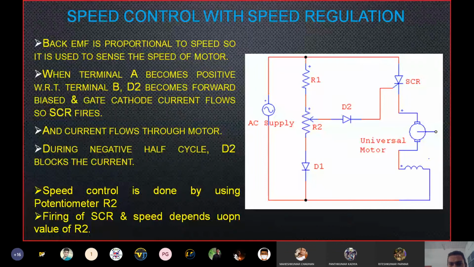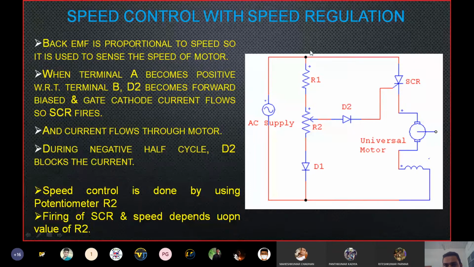Okay, so in this circuit for speed control with speed regulation, here is the AC supply, resistance R1 is the fixed value resistor, R2 is the variable resistor, or we can say the potentiometer type resistor, and diode D1. So these three are connected in series. Here from the potentiometer terminal, diode D2 is connected, and through this diode D2 the gate pulse is given to the SCR.